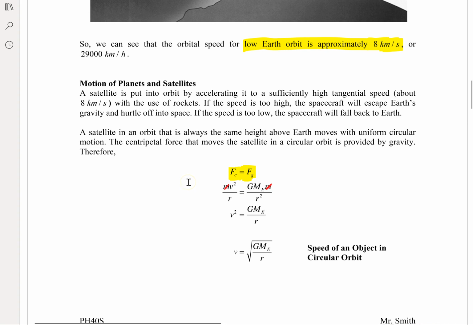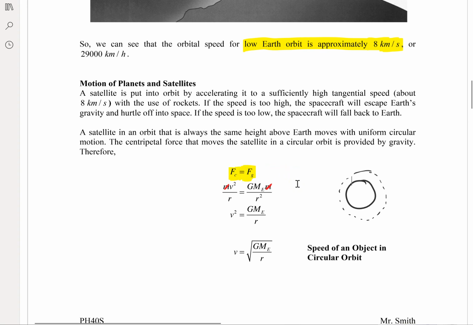So for something going around a planet, if I have my planet here and the object is moving around like so, my centripetal force, so my circular motion force, is going to match my gravitational force.